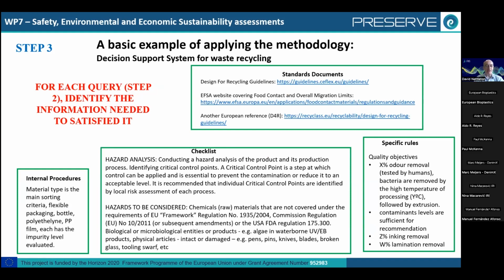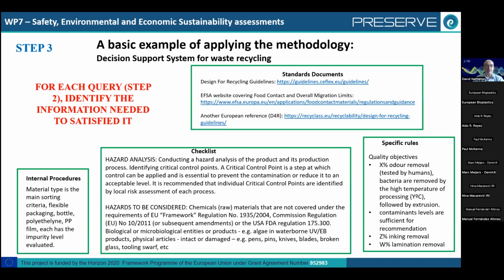And here it does mention some official regulations, regulation number 1935/2004, biological or microbiological entities or products, algae and waterborne, physical articles intact or damaged, and so on in the recycling material. And so maybe this could be formalized more as a checklist. And as I mentioned, it could be ranked in order of priority or importance as bullet points, for a typical checklist format.